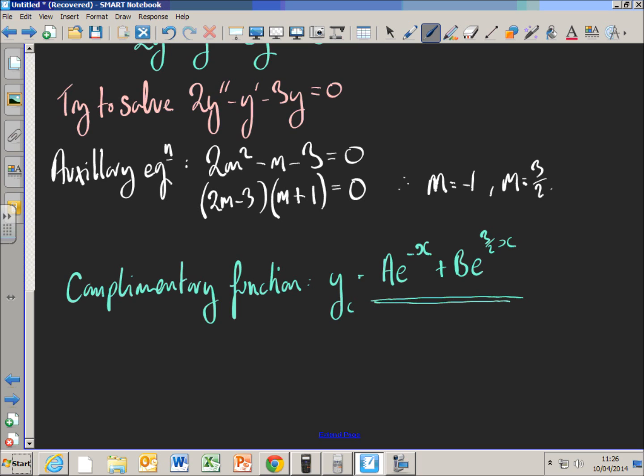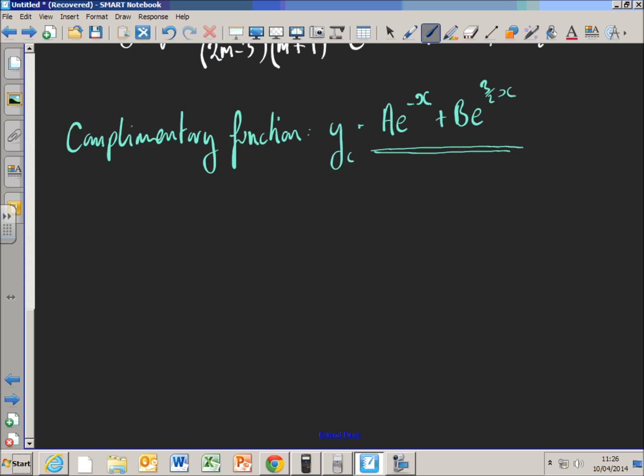Get a particular integral and then add the 2 things together. Okay, so let's go back and now try and find a solution for the whole thing. What was it again? I can't use two different notations, can I? That's just minus dy/dx, yeah? So what am I going to make y for my particular integral?